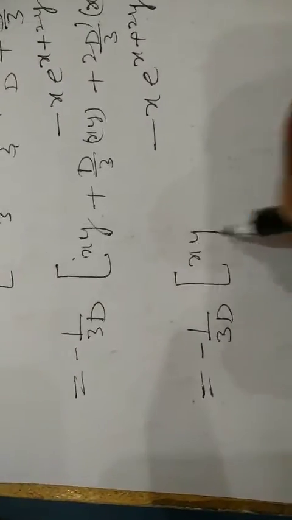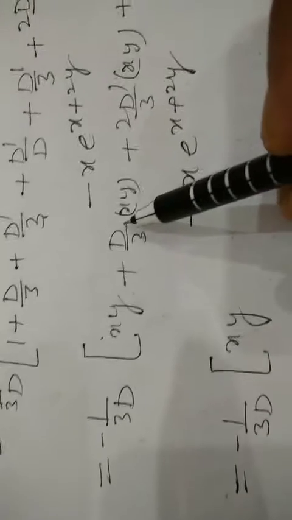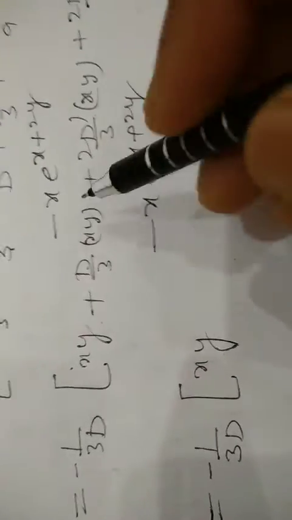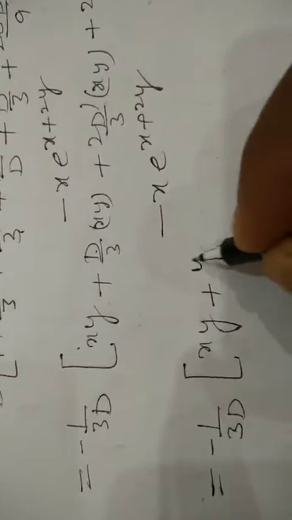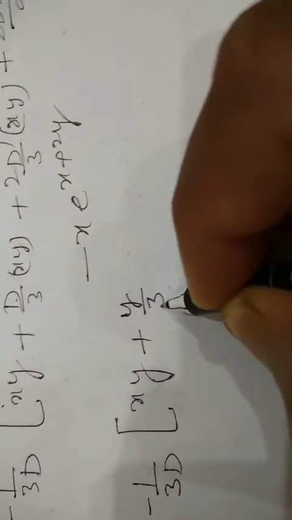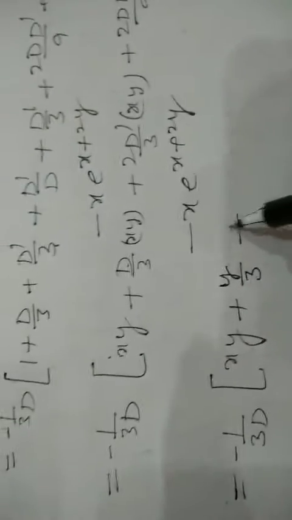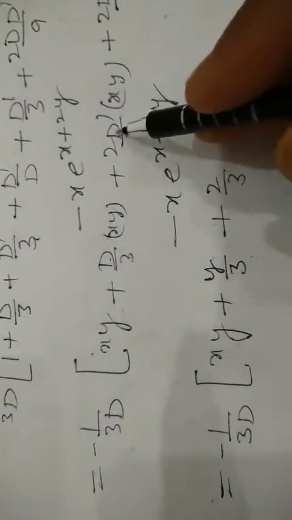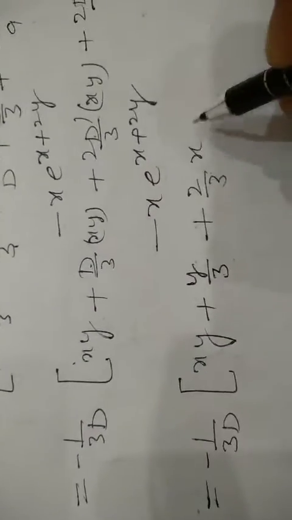and xy. D stands for the differentiation with respect to x, so differentiation with respect to x becomes y, so plus y by 3, and 2 by 3, and differentiation with respect to y becomes x.